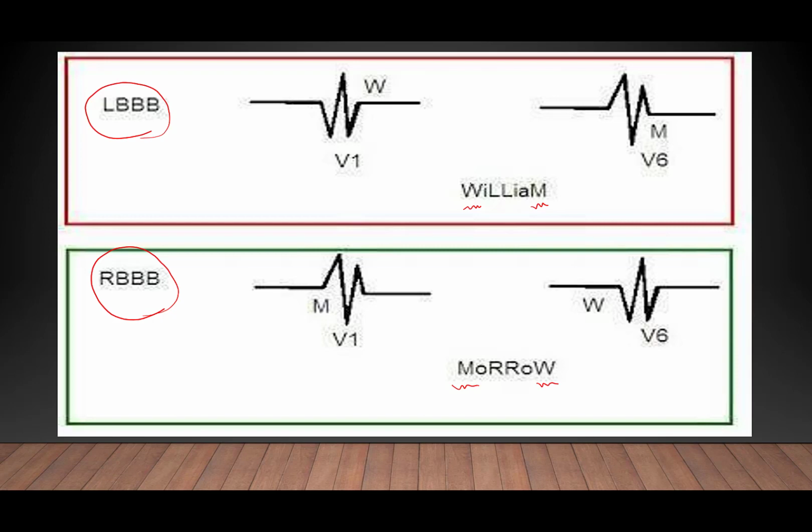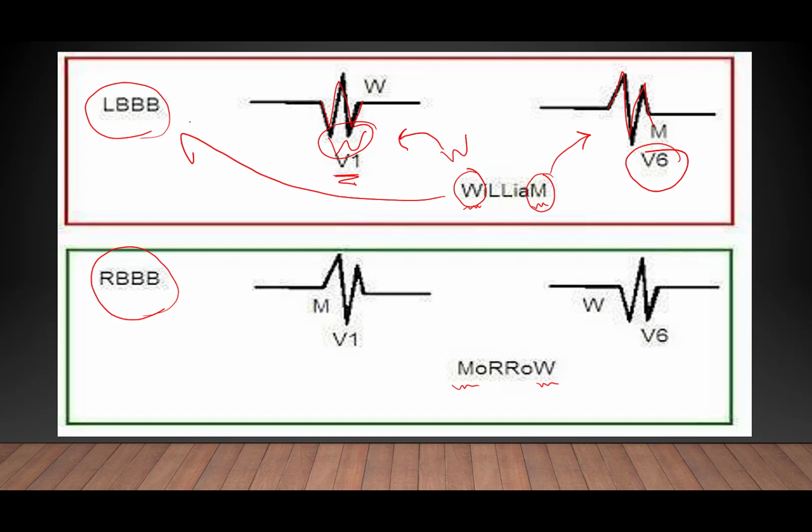The first letter is W, it belongs to V1, QRS complex W in shape, and M shaped in V6, so it belongs to left bundle branch block. So if you look at V1, if it's just like W in shape and V6 is just like M in shape, it belongs to left bundle branch block.